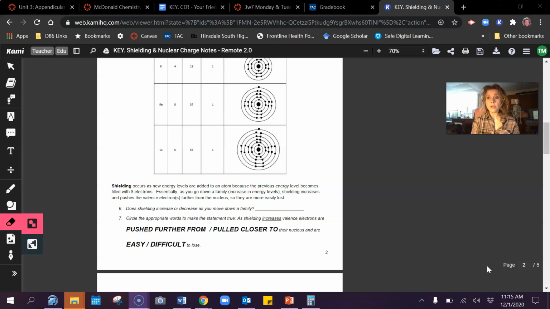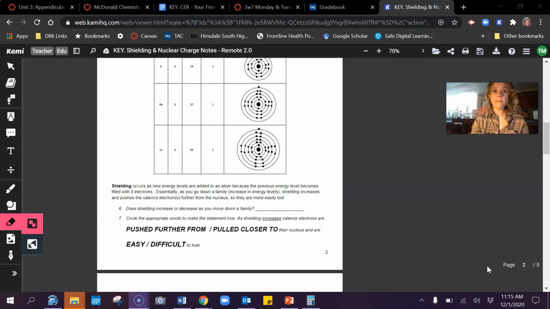The whole reason why you have to add another energy level around a nucleus is because the one below it was full with as many electrons as it can hold, and so you need to add another ring around there in order to accommodate the other electrons.